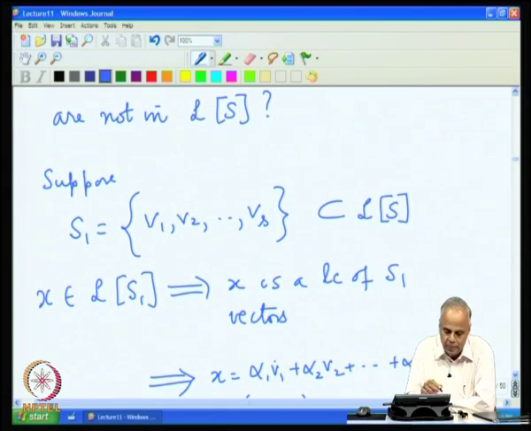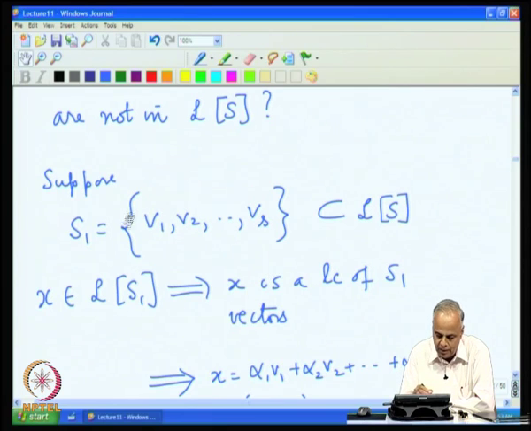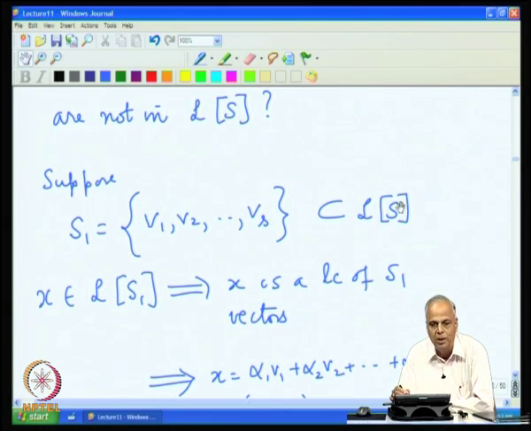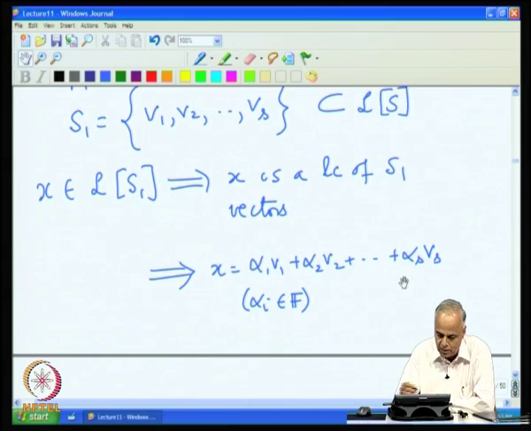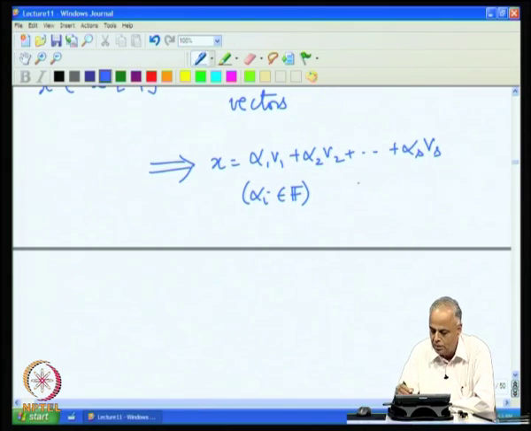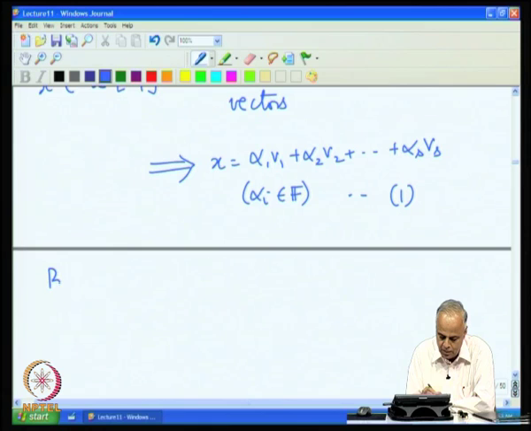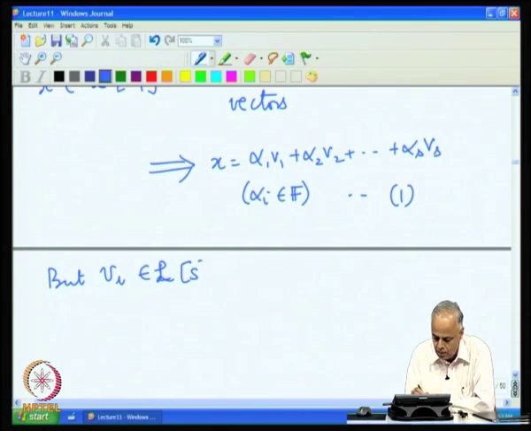So, anything in LS is a linear combination of S vectors. So, V1 is a linear combination of S vectors. Similarly, V2 is a linear combination of S vectors, Vs is a linear combination of S vectors. So, let us keep this as 1, but Vi belongs to LS implies Vi must be a linear combination.